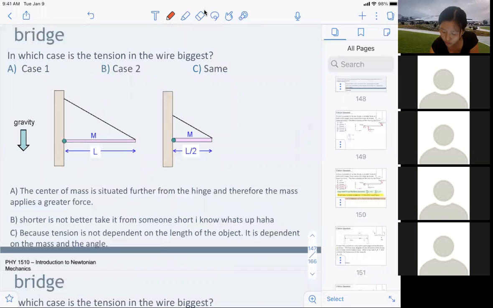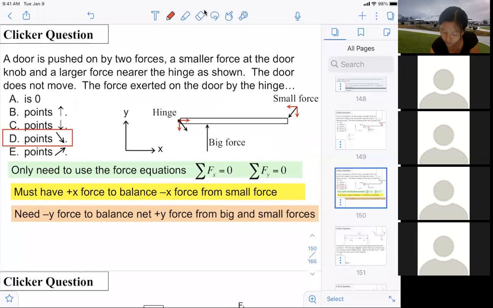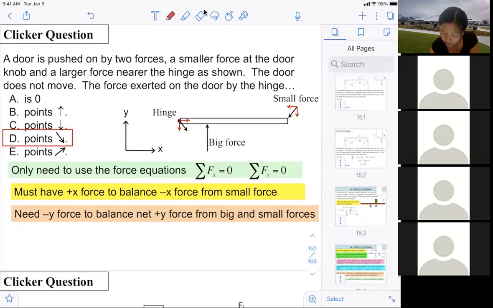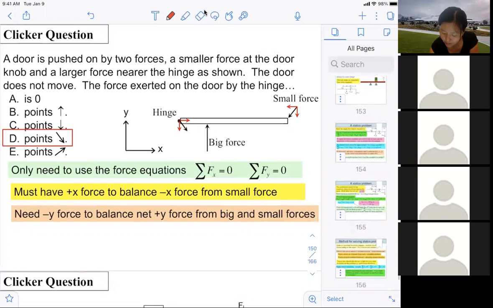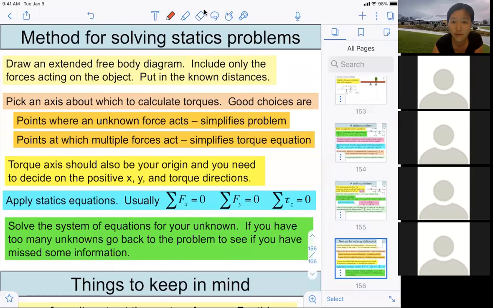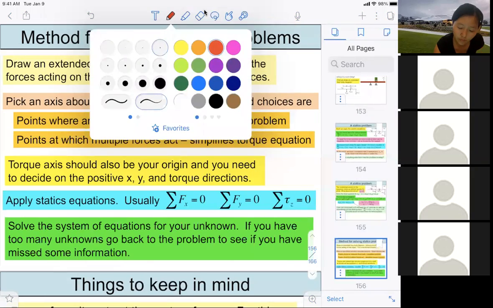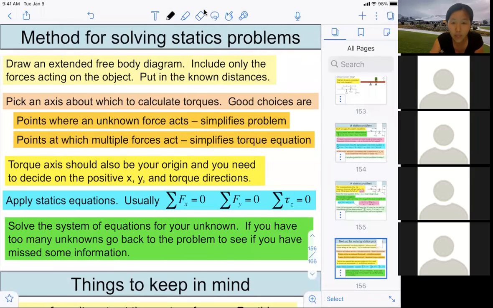So let me show you a general method for solving this kind of static problem. First of all, we have to draw all the forces. We call this the free body diagram, but now we have many, many forces, right?